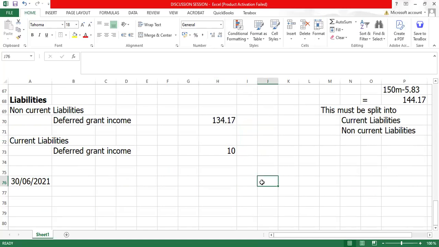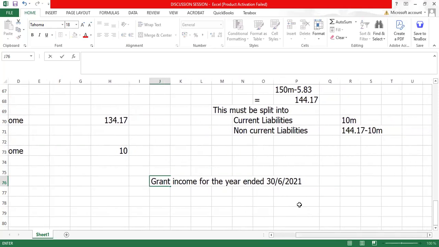Of course, you'll first know what is the grant income for the year ended 30th June 2021. That grant income will be what? Because it is systematic, you will recognize 10 million as actual.